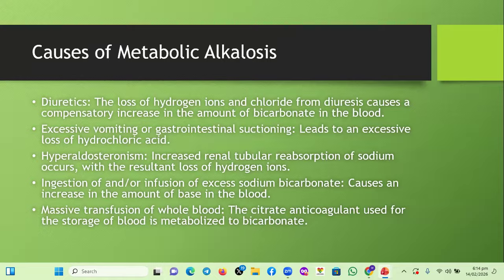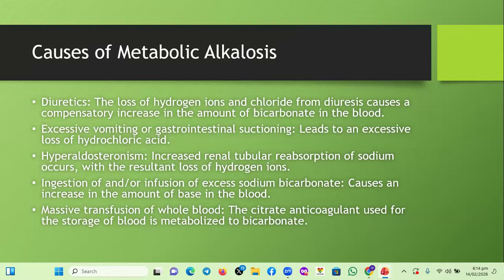Why metabolic alkalosis? Because you know that the stomach is predominantly acidic. That is hydrochloric acid. You have more hydrochloric acid in your stomach. So when you suction the stomach and you bring out the hydrochloric acid, what do you think will happen?